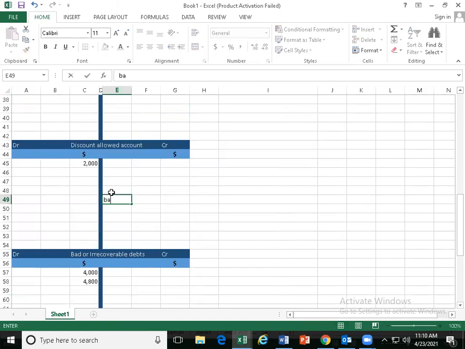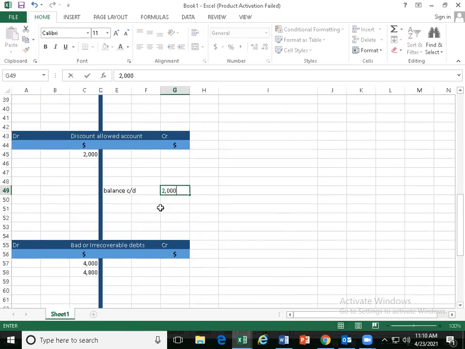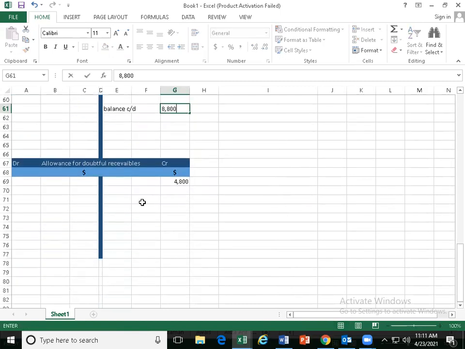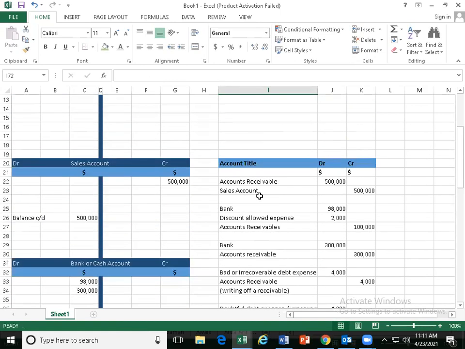Discount allowed expense, which is going to go into the income statement, which is something like 2,000. Then bad or irrecoverable debts, which is going to go to the income statement, right? That's 8,800. Then allowance for doubtful debts, balance carried down, which goes into the balance sheet, 4,800. Now all these transactions in form of double entries have been done.